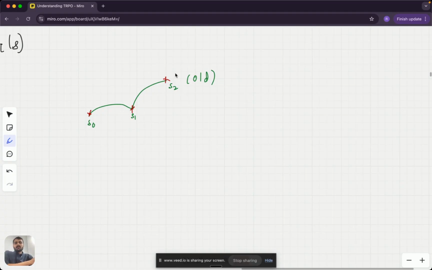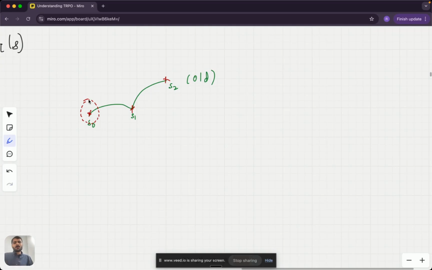So the distribution of the states is the same as that of the old policy, but the action which the agent takes for this state is going to be according to the new policy.